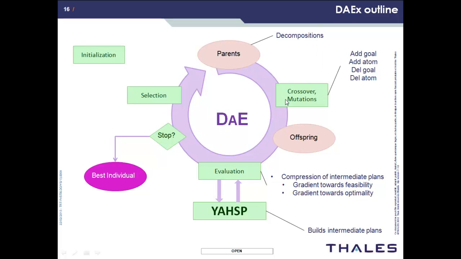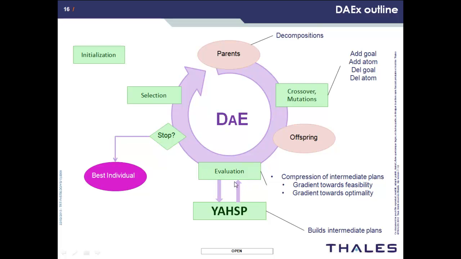The variation operators are actually only mutations and consist in adding intermediate goals. You just saw an example with 2 intermediate goals, there could be 3, adding atoms in those intermediate goals or deleting goals or atoms. The evaluation step is extremely important.